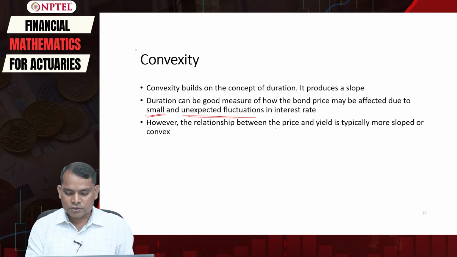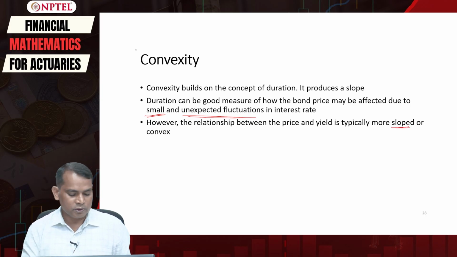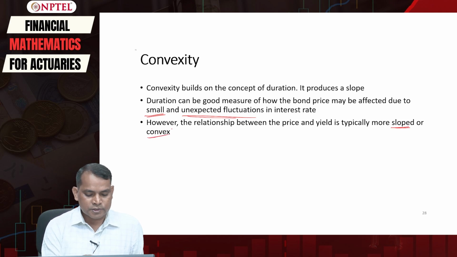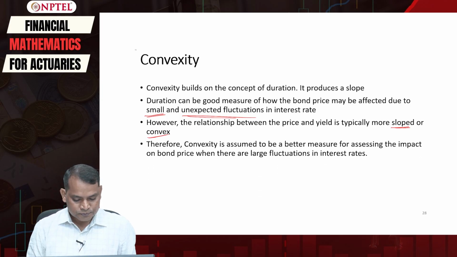However, the relationship between the price and the yield is typically more sloped, or more convex in nature, and therefore convexity may be a good measure whenever there is a large fluctuation.